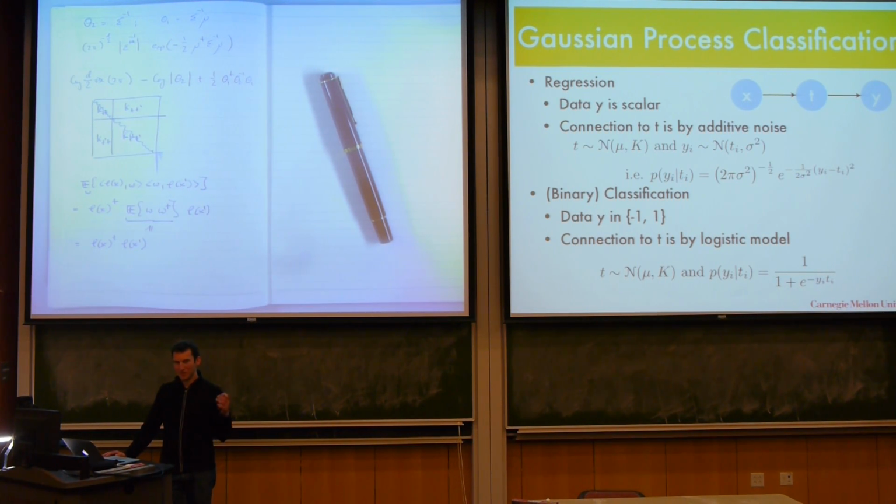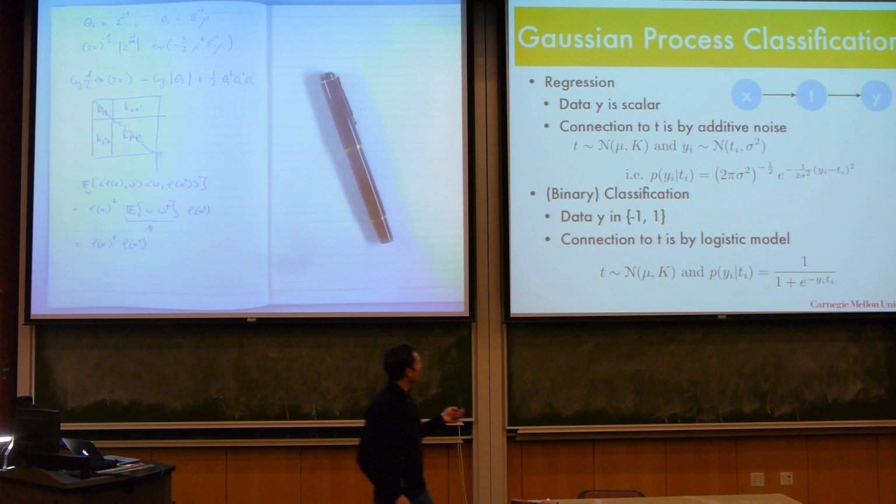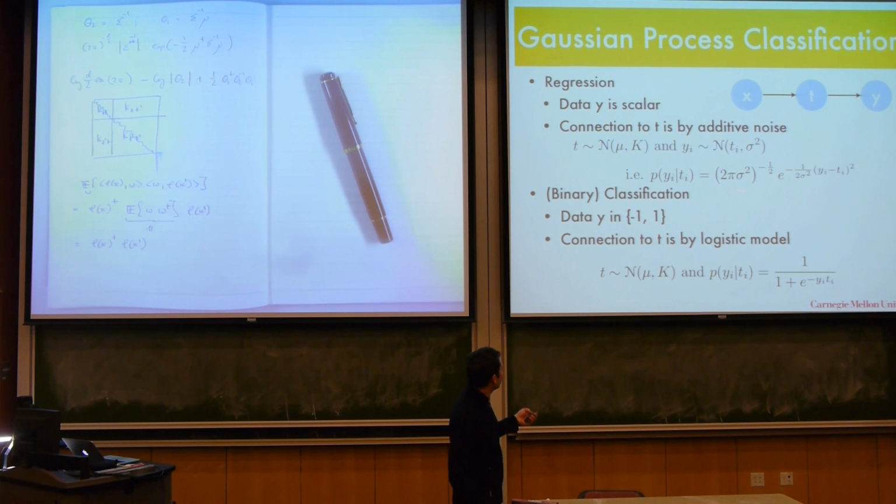And then we managed to solve this integral so beautifully without ever noticing that we solved an integral, and everything was fine. But the connection was really this function here, p of y given t. It's just a Gaussian, right? It's just additive noise with variance sigma squared.